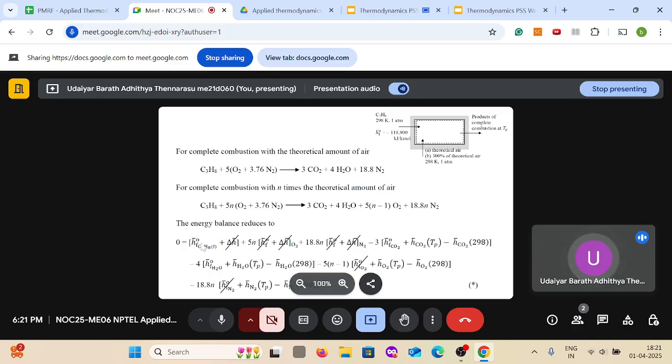So substituting, we have enthalpy of formation of propane plus delta H, which will be 0 since this is coming in at 25 degrees Celsius, and similarly for oxygen and nitrogen it's 0, equals the enthalpy of product: moles times the enthalpy of formation of CO2 plus the enthalpy of CO2 at the product temperature minus the enthalpy of CO2 at 298, basically delta H. Similarly for water, oxygen and nitrogen, so this is how the expression will look.